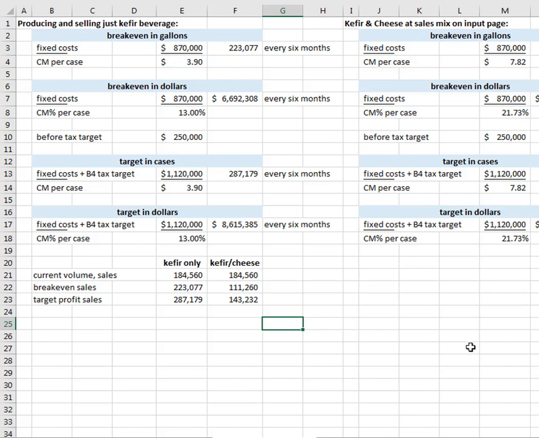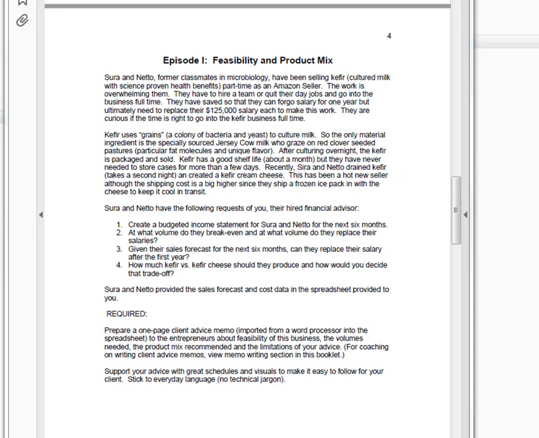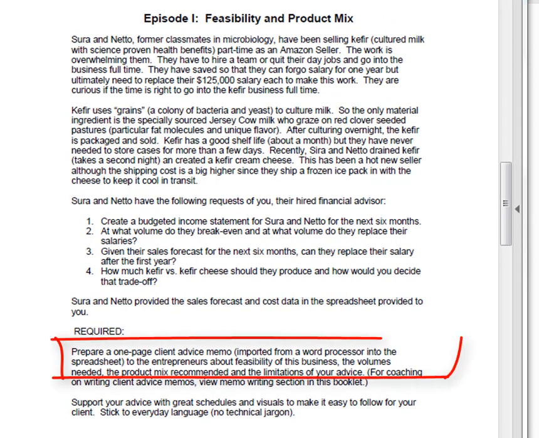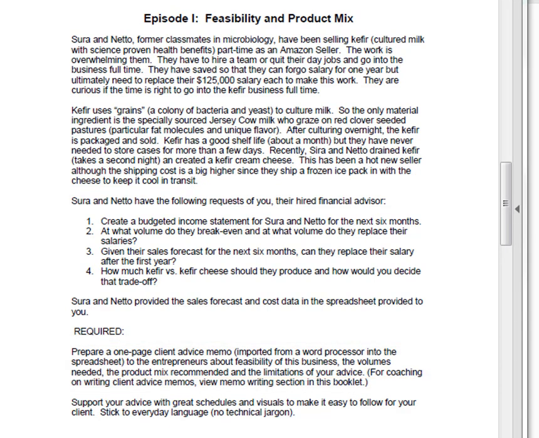All right. So this is a good place to stop the computations. I think we've given you a pretty good jump start on that. Just to review, you are to prepare a one-page client advice memo talking about the volumes needed for the various profitability and target profit levels.